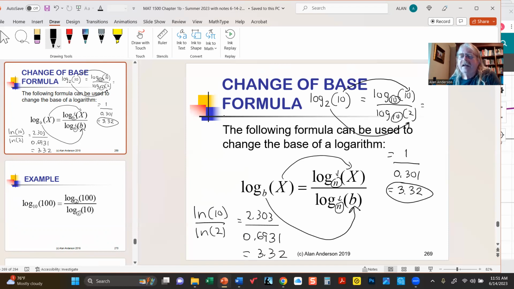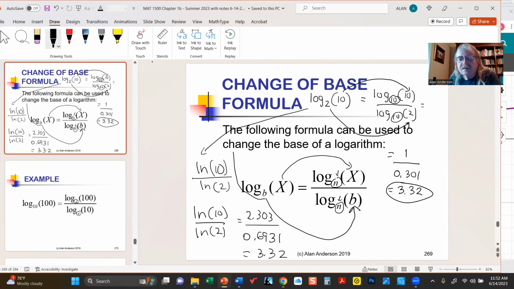Now, I wanted to point out, that's what this is doing down here, that the base is irrelevant. I could have just as easily rewritten this as natural log of 10 over natural log of 2. Okay. As long as the base is the same in both cases. Remember, the x goes in the numerator, the base goes in the denominator. Now I can look these up on my calculator, and you can see the numerator is different.